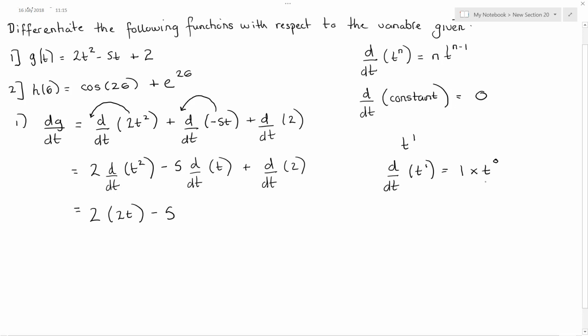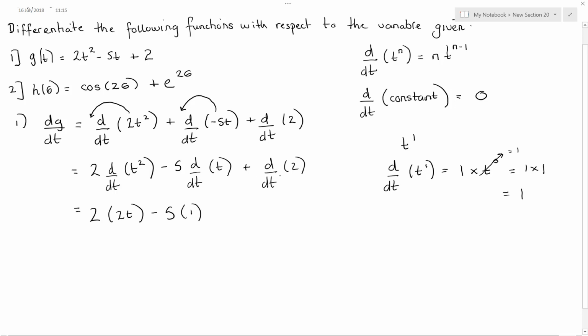So I end up with 1 times t to the 0, and anything to the power of 0 is 1. So I end up with 1 times 1, which is just 1. So the derivative of t with respect to itself is 1. So coming back to our question, we've got minus 5 times 1.